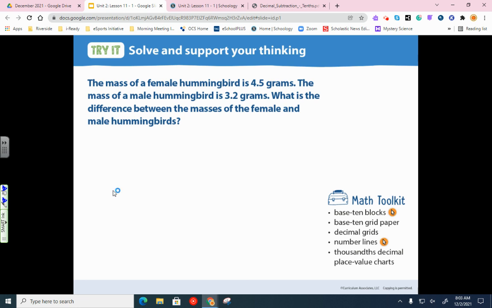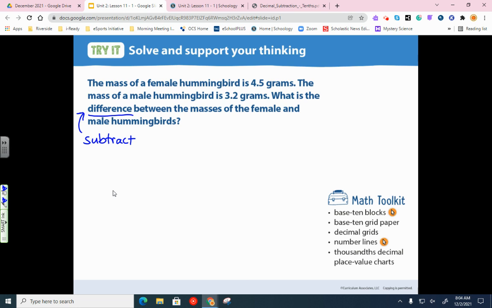The mass of a female hummingbird is 4 and 5/10 grams. The mass of a male hummingbird is 3 and 2/10 grams. What's the difference? We see the word difference. That means subtract. Any of those words kind of trigger our ideas of what to do. What's the difference between the masses of the female and the male hummingbirds?